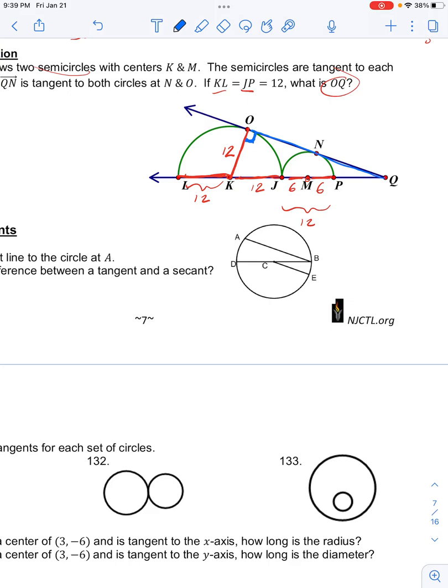So that would be a side length. This radius would be another side length. And then the hypotenuse would be this total side length from Q to K.